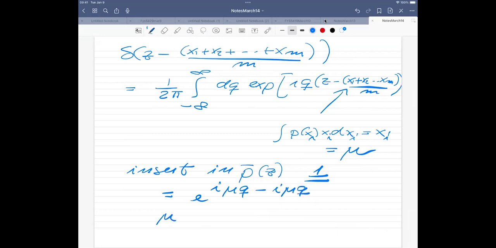And I have defined this mu to simply be given by this quantity here. So I'm just going to do a small rewrite of that integral over all the x's. And that means that I can rewrite that final integral in the following way. So let's just wait a little bit so everybody can write down the expressions.